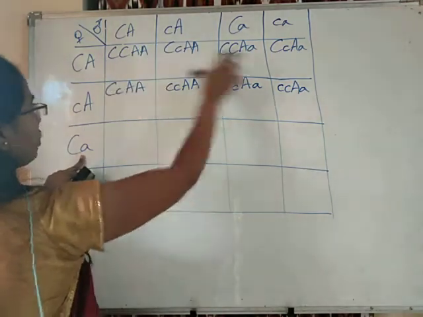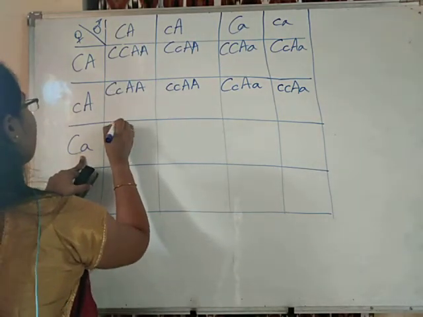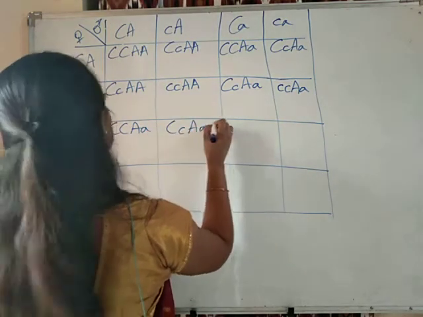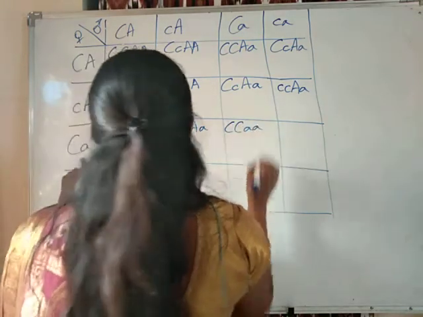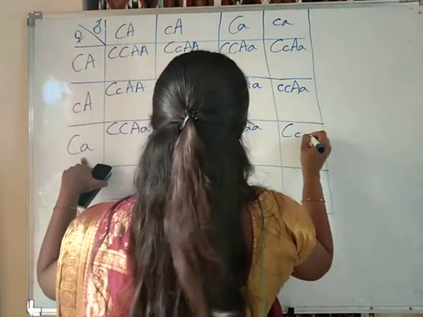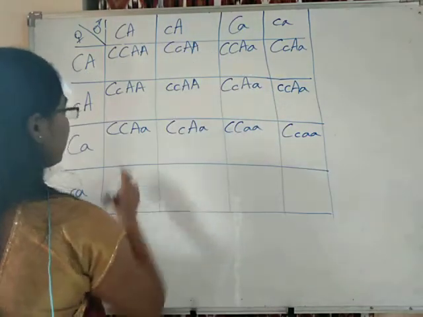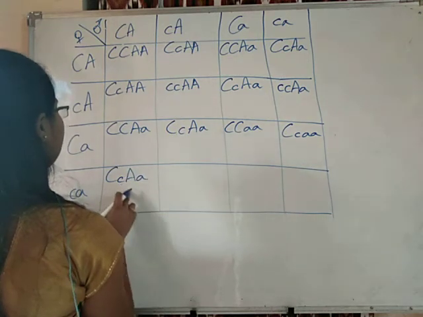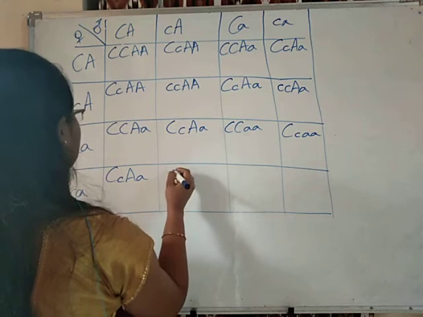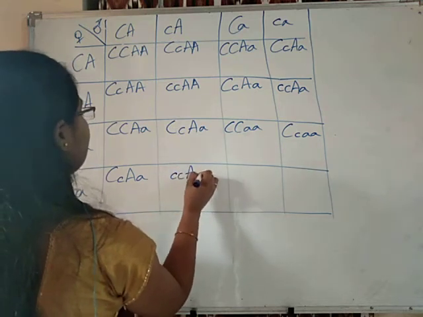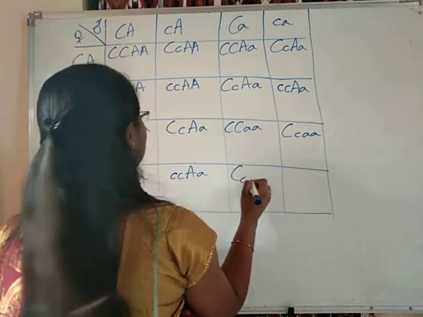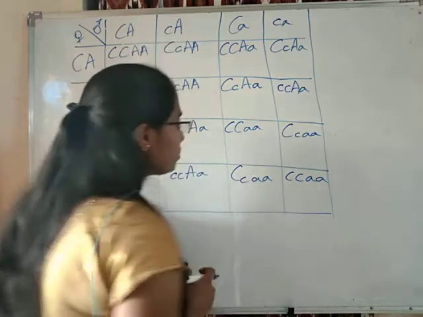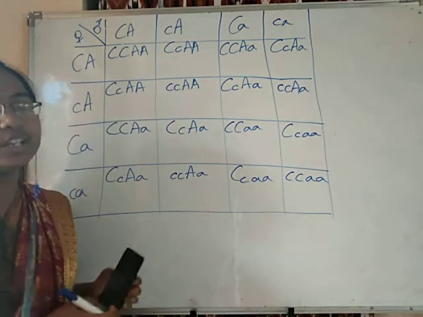Now with this one, with all four different gametes, and now with this one, with all four gametes. So these are all the different possible genotypes of the F2 individuals.